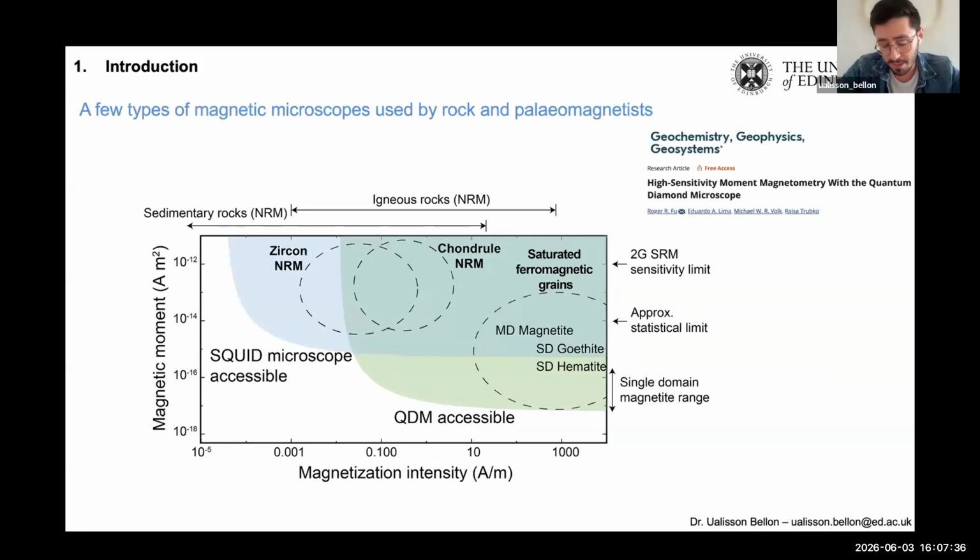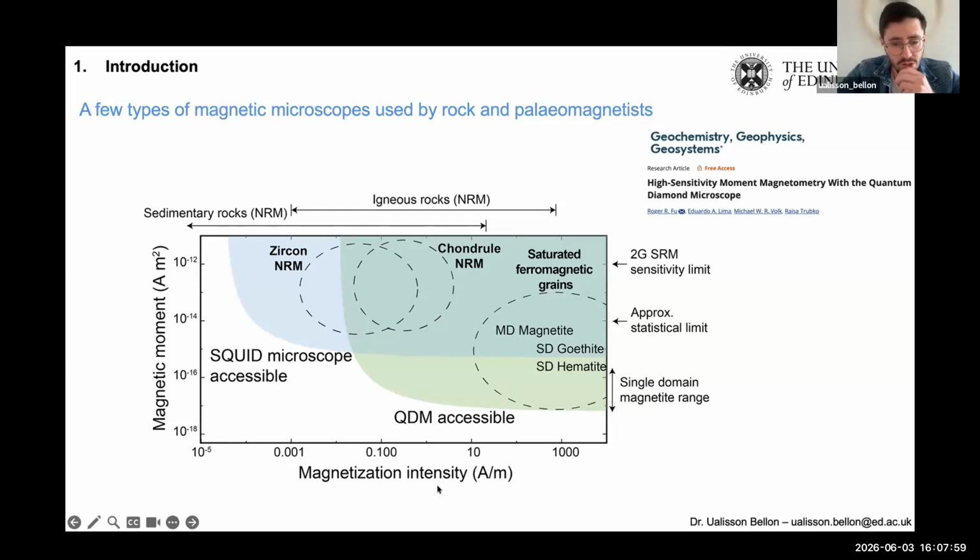And that's no different in paleomagnetism. Within paleomagnetism, we are usually concerned with microscopes that can let us know a bit more about the magnetic mineralogy of these magnetic carriers in rocks, but also what is the remanence related to them so we can directly apply it to paleomagnetic studies.